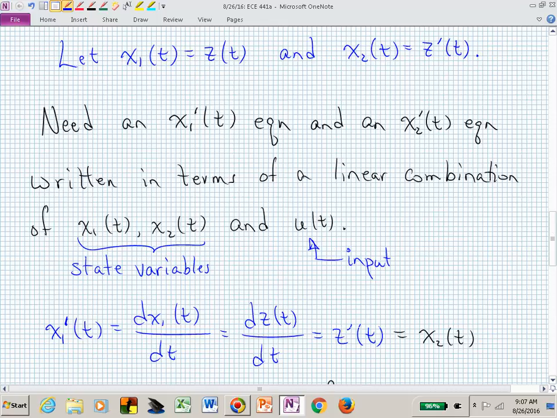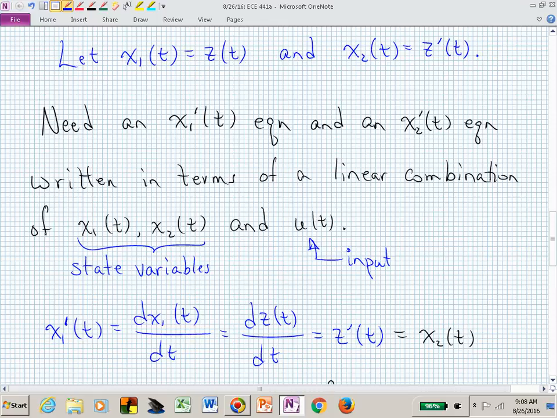And we start to see if we can identify that. We say, okay, let's differentiate our first state variable, x1 prime. What's the time rate of change of x1 in terms of x1, x2, and u, given the system of differential equations that we have? In this case, the first derivative of x1, since we defined x1 to be z, is simply the first derivative of z, or z prime.